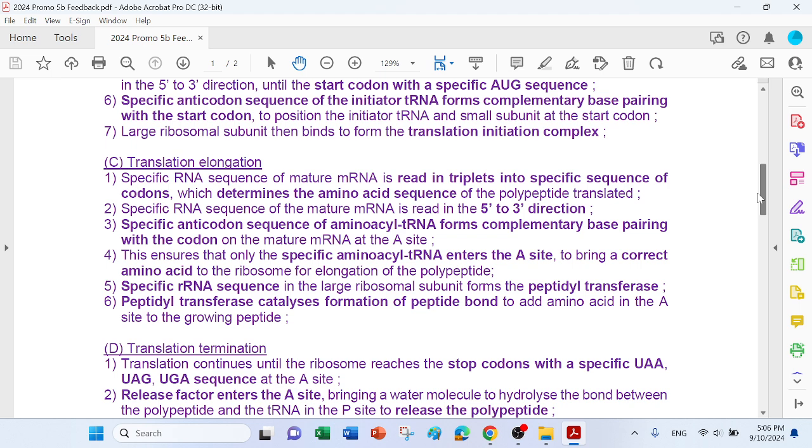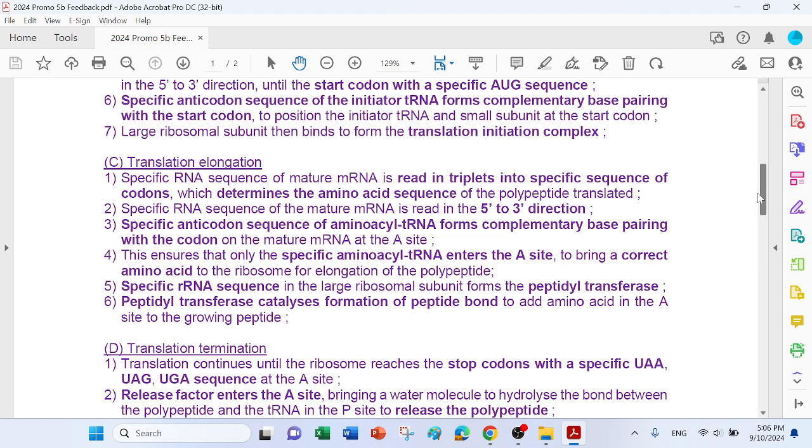That's point 2. And in point 3, the sequence of codons are important for complementary base pairing to anticodons of specific amino acid tRNA that will come into the A site. So that ensures only the correct amino acid tRNA enters the A site, bringing the correct amino acid to the ribosome for elongation.